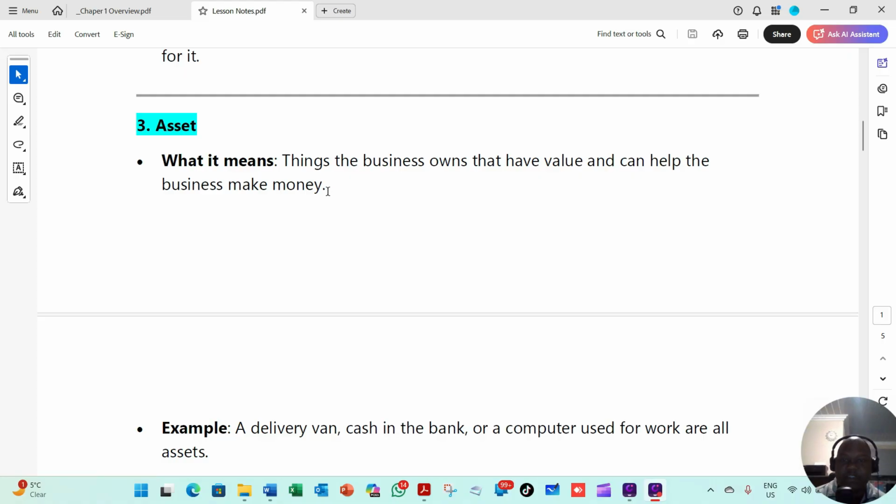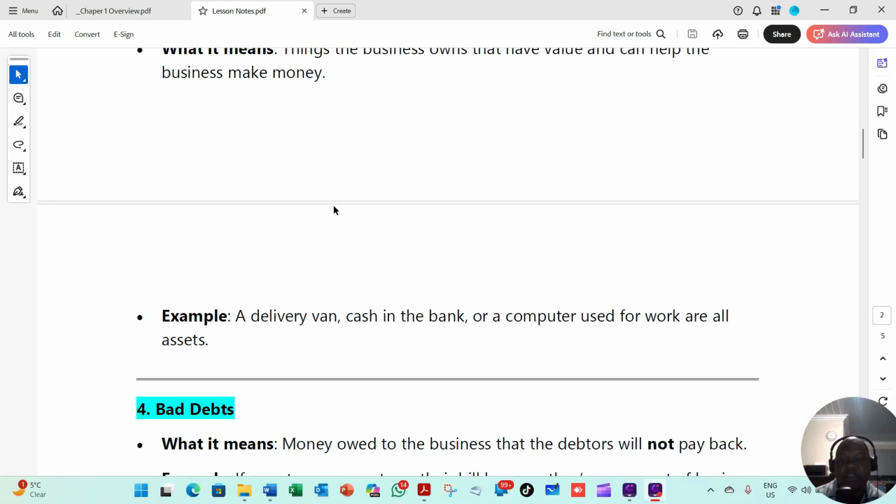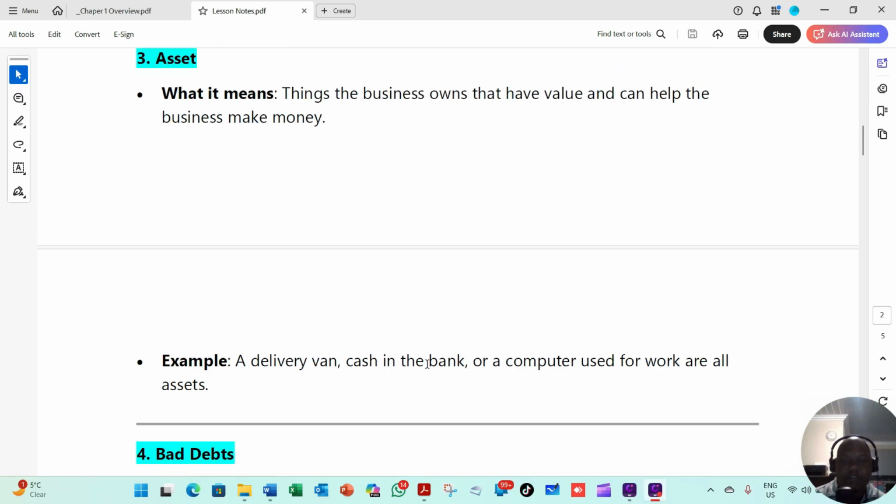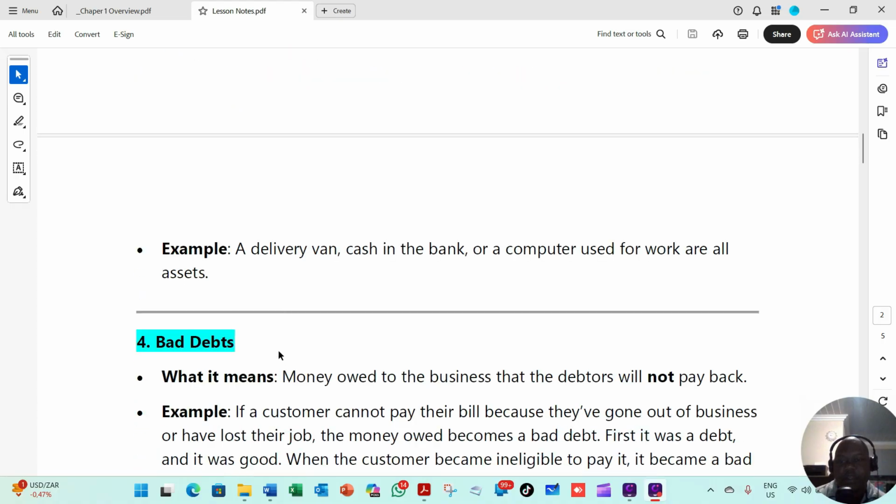Things such as vehicles, the cash in the bank, the equipment, including debtors, money that is held by debtors. They are our assets.